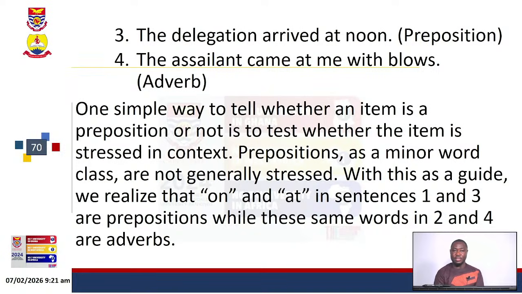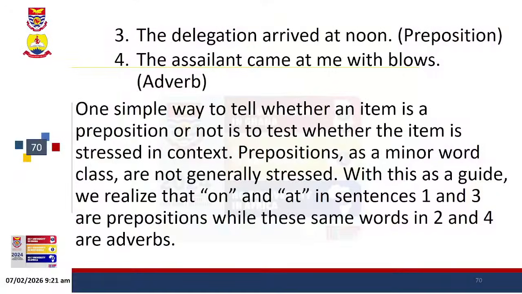One simple way to tell whether an item is a preposition or not is to test whether the item is stressed in context. Prepositions, as a minor word class, are not generally stressed. With this as a guide, we can realize that on and at in sentences 1 and 3 are prepositions, while the same words in 2 and 4 are adverbs.